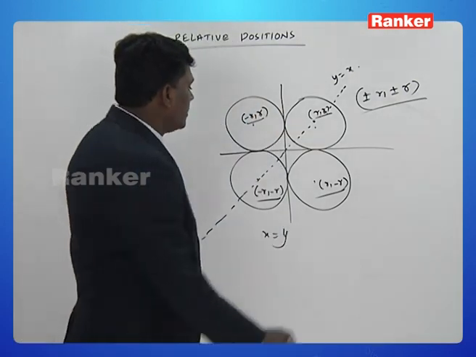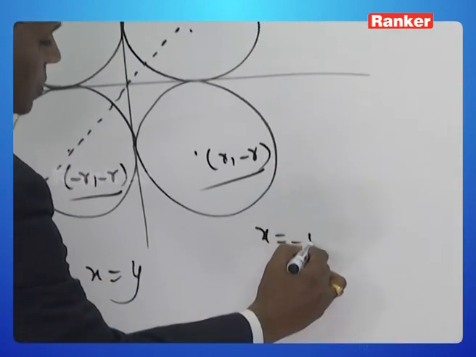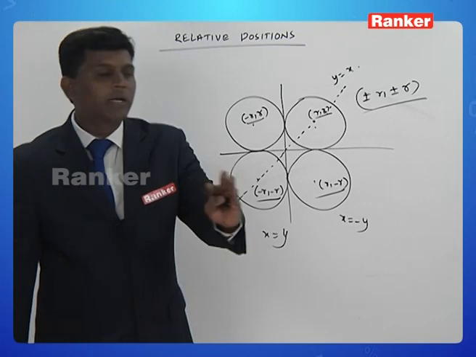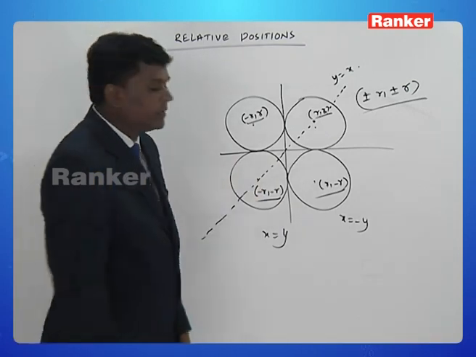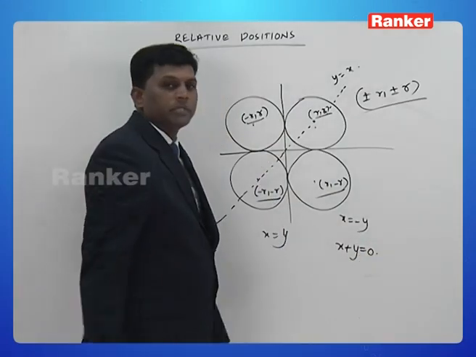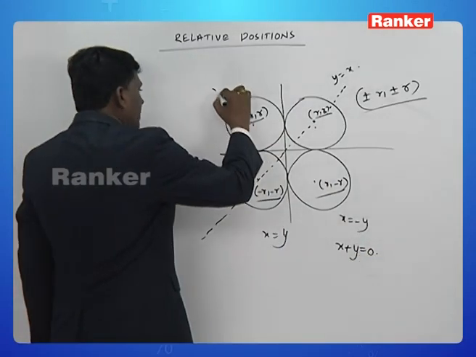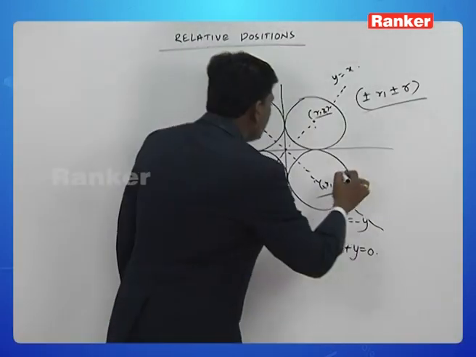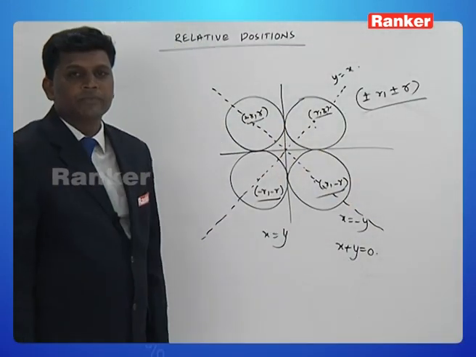That is why we can take the condition for these two points as satisfied by the relation x equals minus y, or minus x equals y, which is nothing but the straight line x plus y equals 0, which represents the angular bisector of these two axes in the second and fourth quadrants.